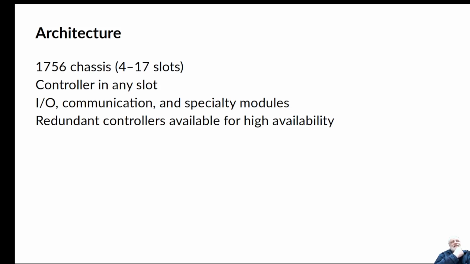The chassis is called 1756. So anytime you see 1756 at the beginning of an Allen-Bradley model number, that's telling you it's a card that will fit into this chassis, and therefore you can use it with your ControlLogix PLC.